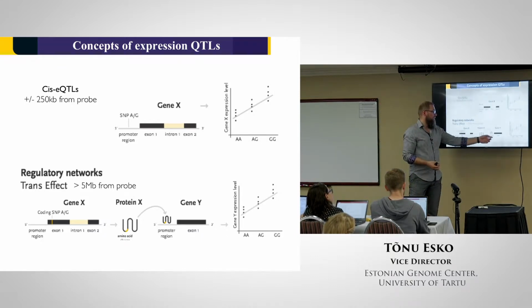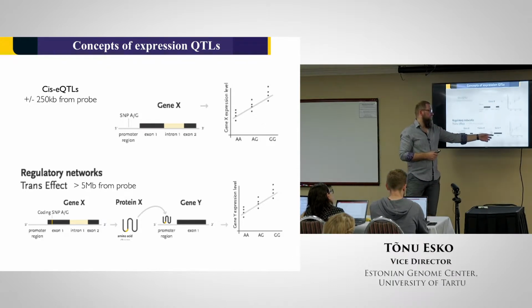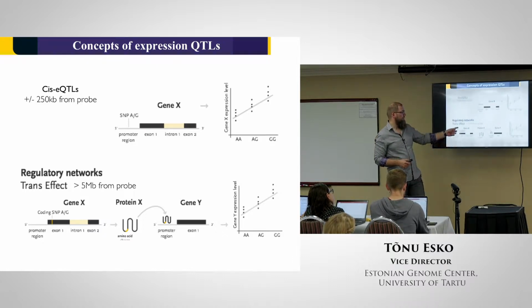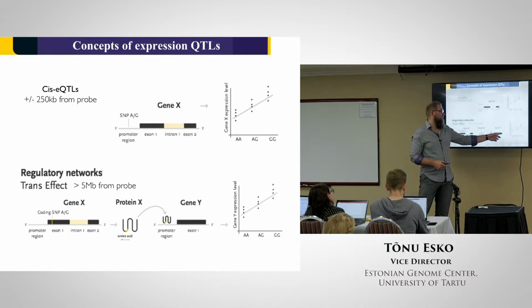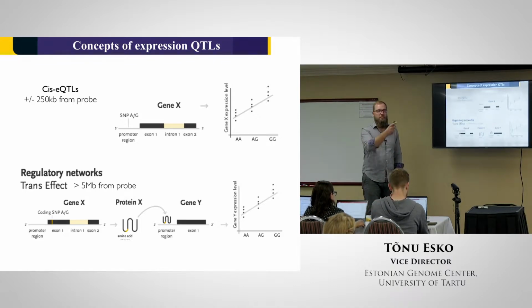Then this transcription factor can go to, let's say, chromosome 15, and based on the genotype in gene X, the expression level of gene Y will be different. But those effects are much weaker, and you need much larger sample sizes to find these trans or distant regulatory effects.